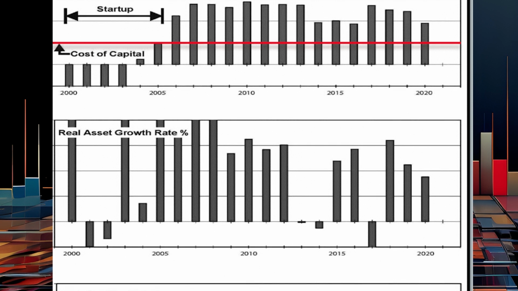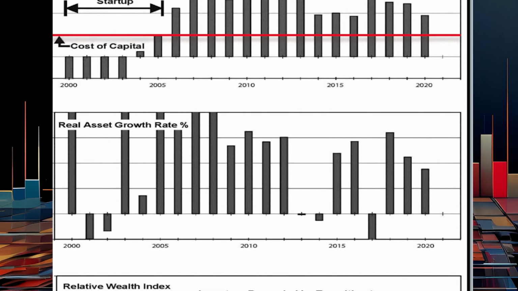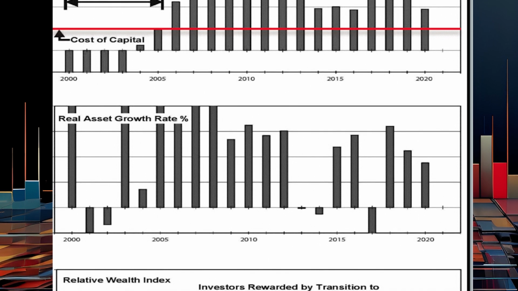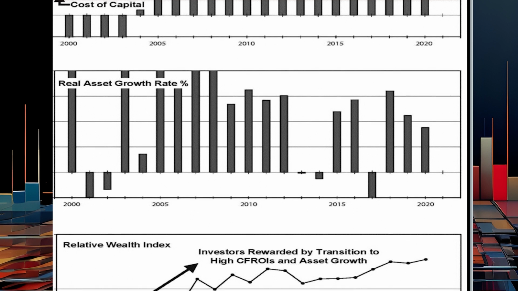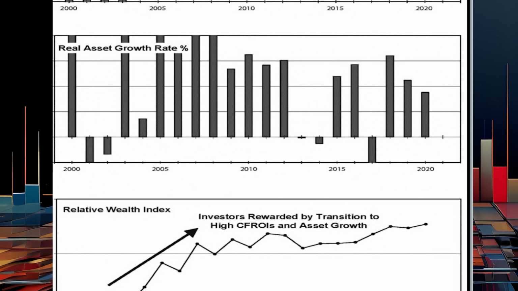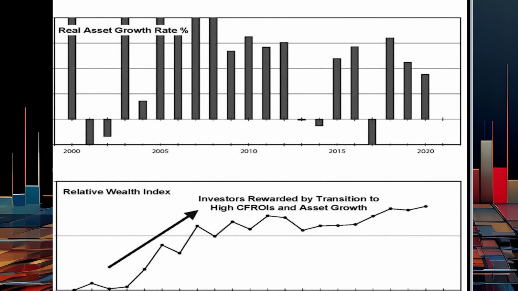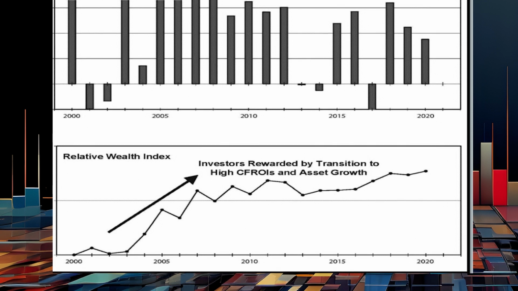The benchmark real cost of capital is displayed as a horizontal red line at 6%. Real asset growth rates are displayed in the middle panel. The bottom panel displays a relative wealth index, which is a stock's total shareholder return versus the S&P 500 index.